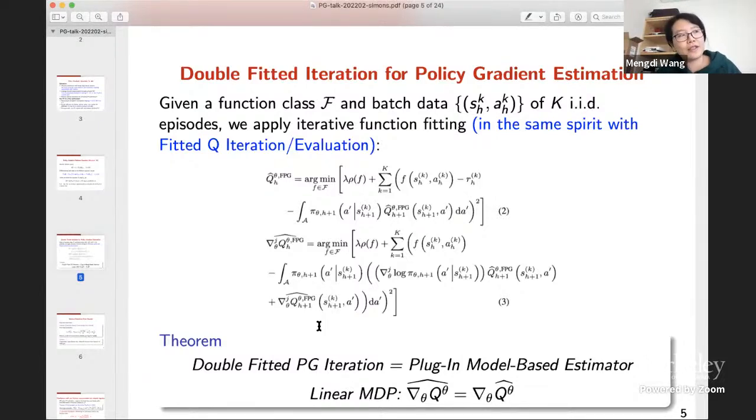This may be something people want to do in practice, because in practice we often approximate Q functions very well. However, even if we can approximate Q functions, numerically it's challenging or even intractable to differentiate this approximate Q function with respect to the policy parameter. But this algorithm says that if we do this fitted iteration, the outcome of the estimator is equivalent to estimating Q and differentiating it.